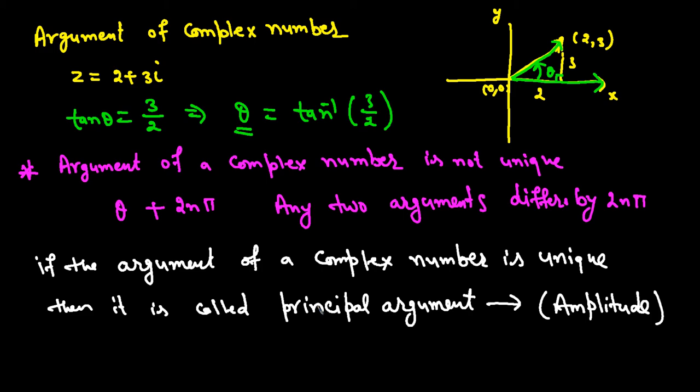In that case, the value of the amplitude will lie between negative pi and positive pi. All right.